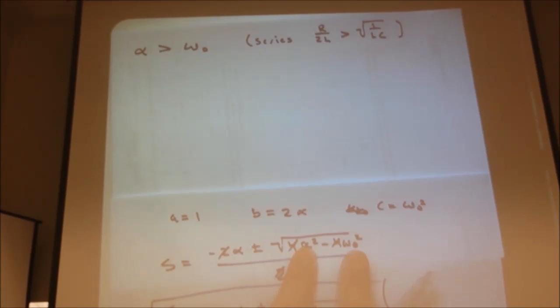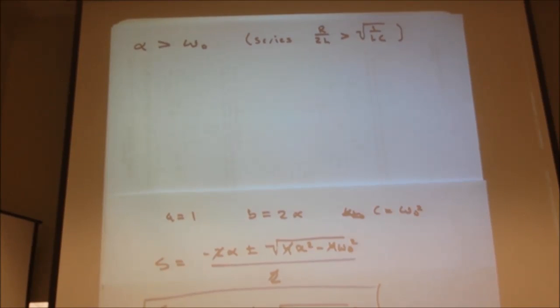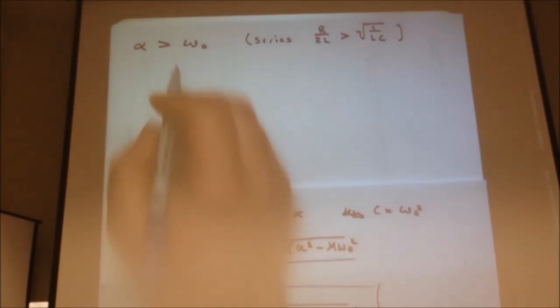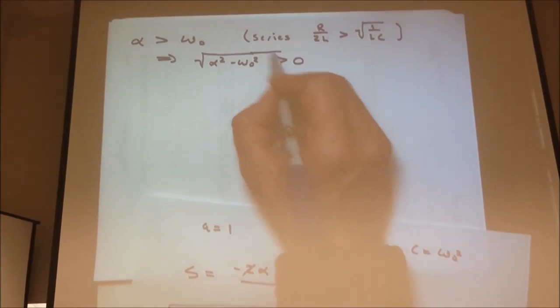These are both squares. In this case, what does that mean? Well, square root of alpha squared minus omega naught squared greater than 0, right? So if alpha is greater than omega naught, then the radical has a real value. And we have 2 possible solutions.